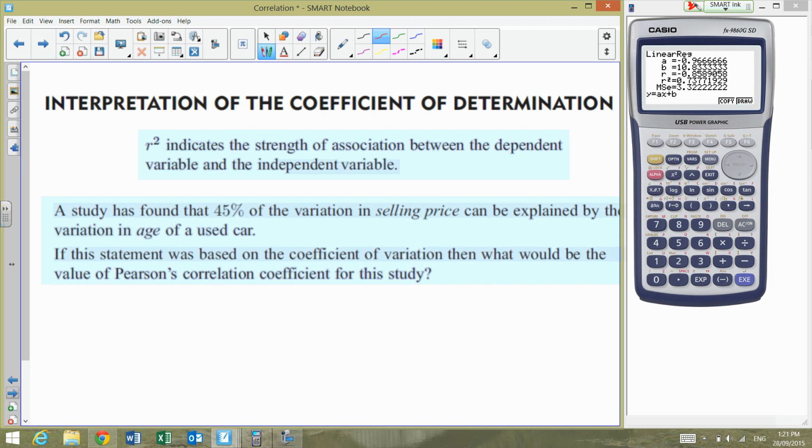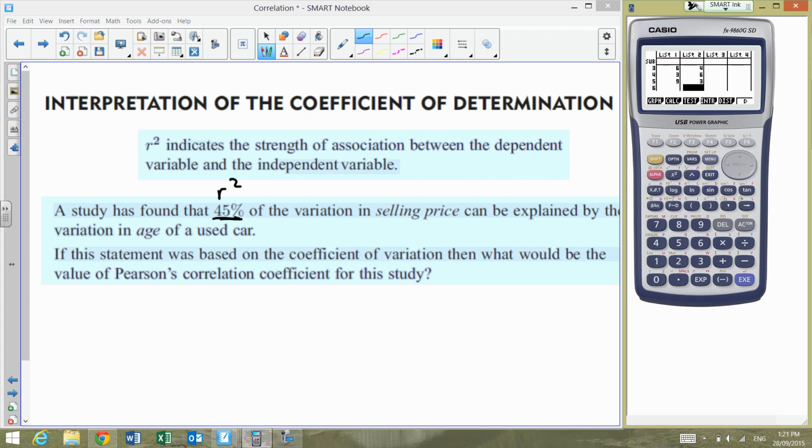The R squared value is just calculated by squaring the R value. A study has found that 45%, which is our R squared value, of the variation in selling price can be explained by the variation in age of a used car. If I exit out and go to my main menu, if I took the square root of 45, it would be 6.7.